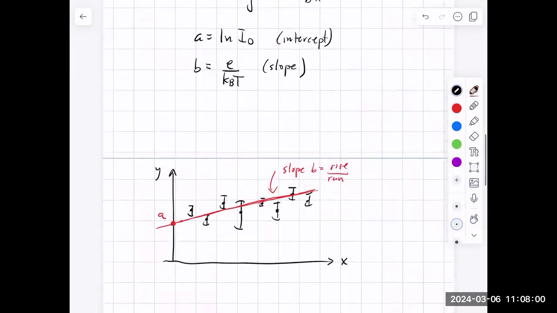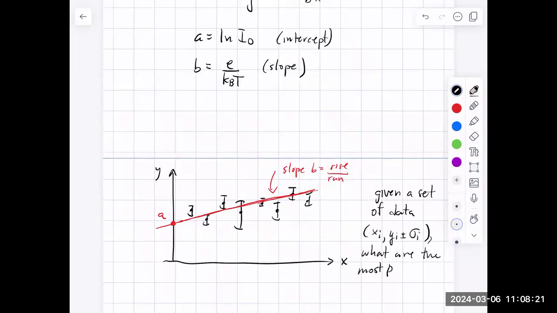Okay, so given a set of data, say xi, yi plus or minus sigma I, what are the most probable values of A and B?